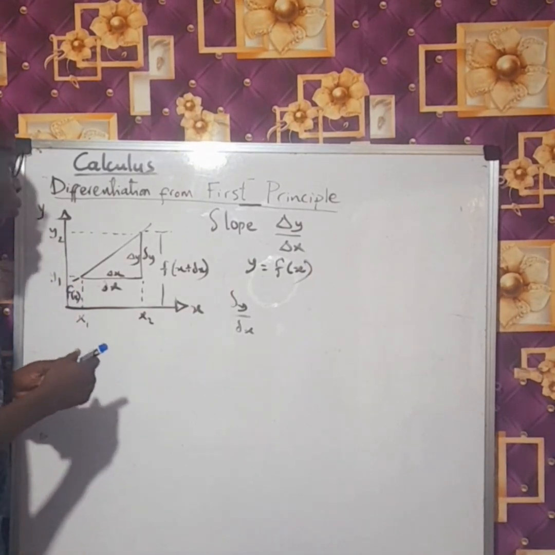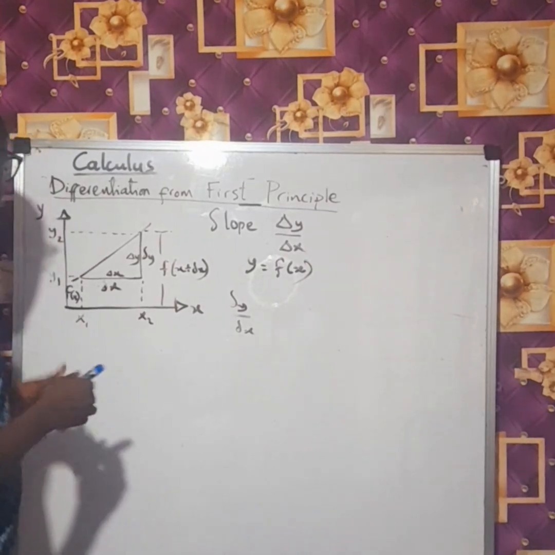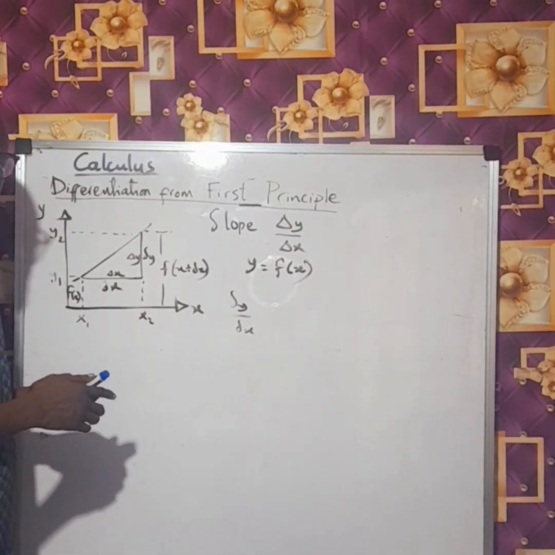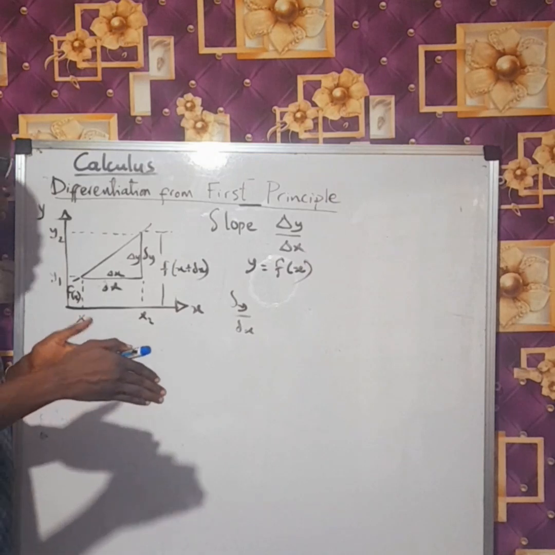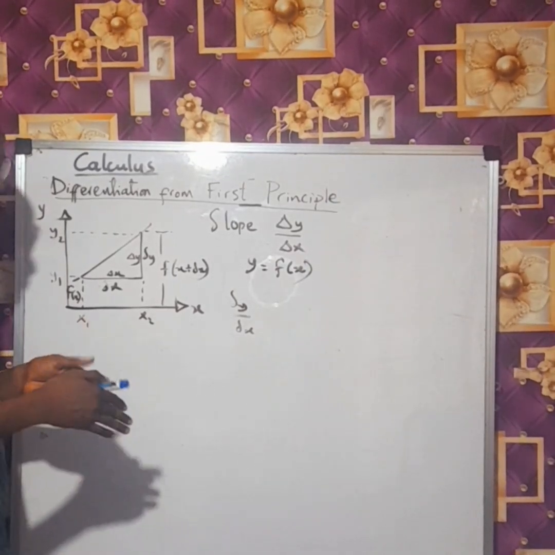Now, back to getting first principle. We want to know how to derive first principle, so that if we have a question, we can solve it and get our answers.